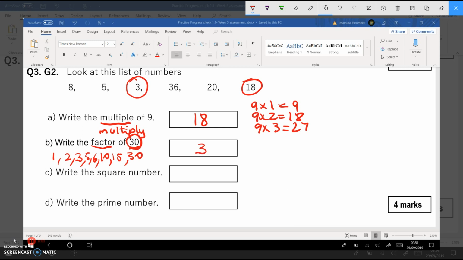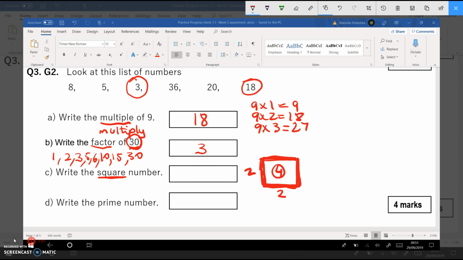Write the square number. So square numbers, as the name suggests, they make squares. So they equal, the sides are equal. So if this is 2 centimeters and this is 2 centimeters, the area of the square will be 4.